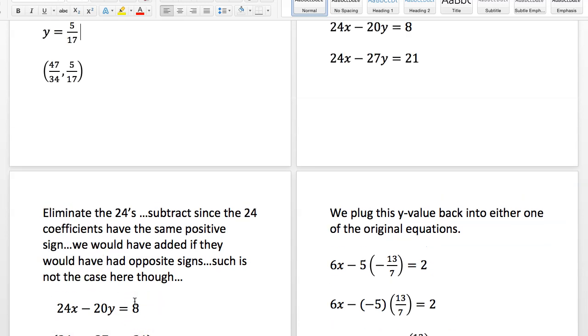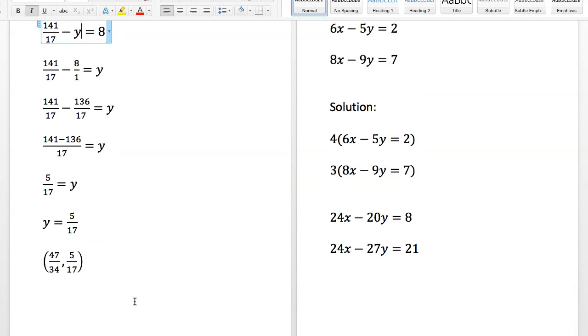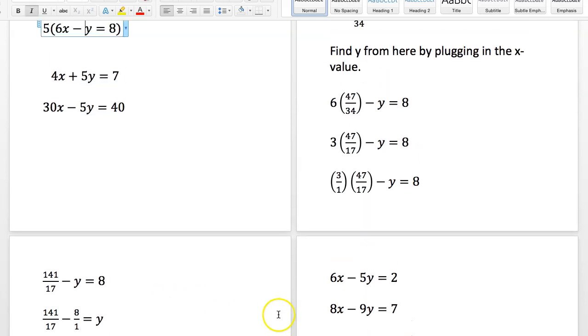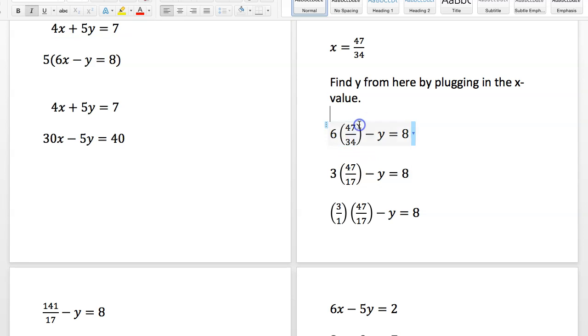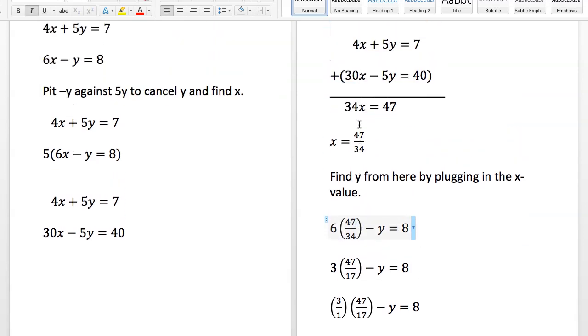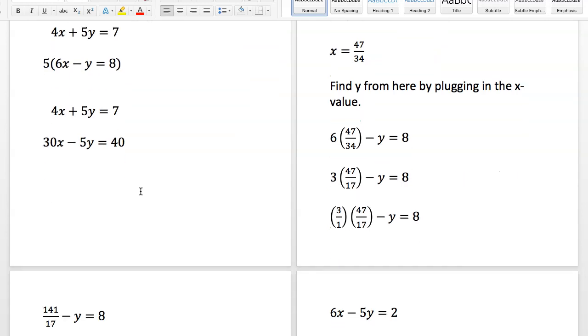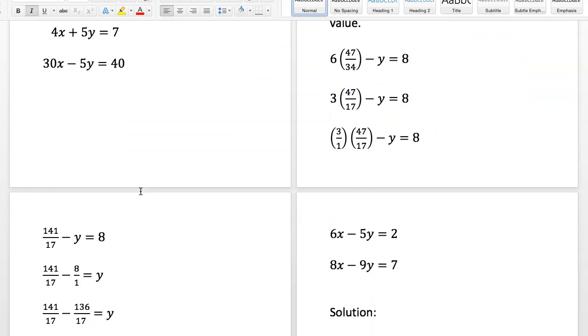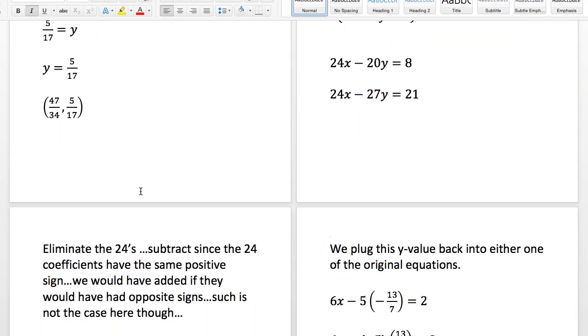So a long time ago. Where was I? So let's see, a long time ago. I should have labeled these.